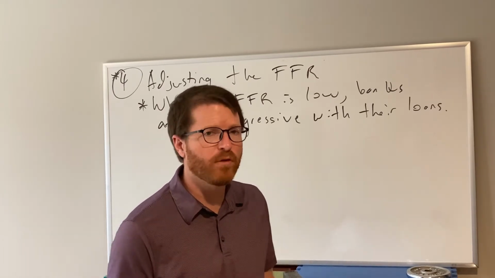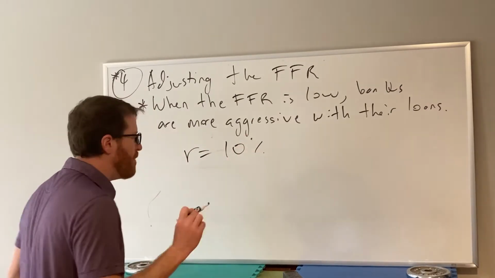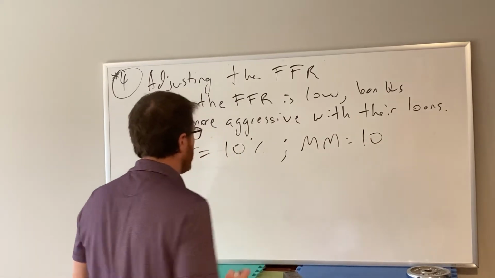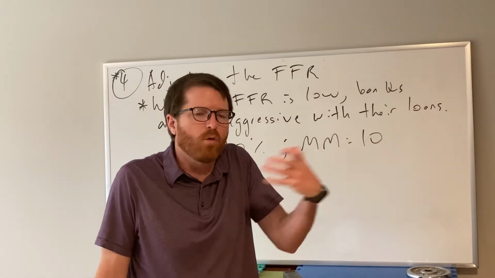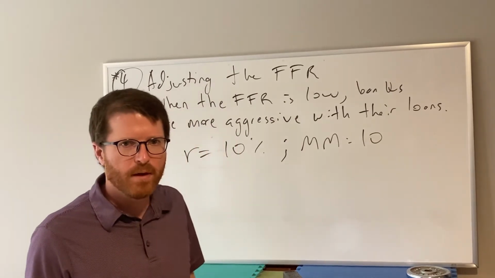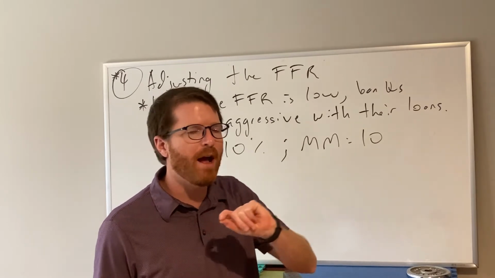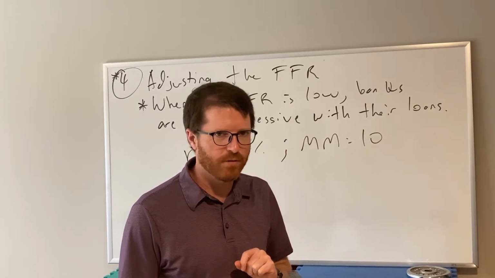So if the required reserve rate is 10%, like it normally is, the maximum money multiplier is 10. We haven't spent too much time talking about this yet, but the money multiplier is the best case scenario or the greatest outcome you could possibly have. For the money multiplier to be fully realized, banks have to loan out the maximum. They have to hold $0 in excess reserves.